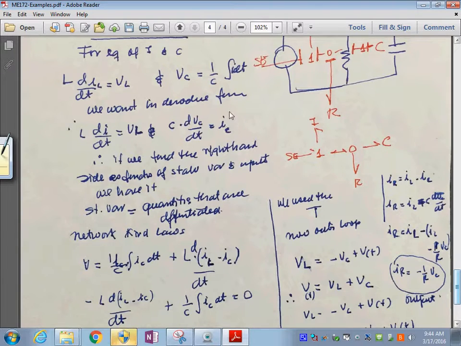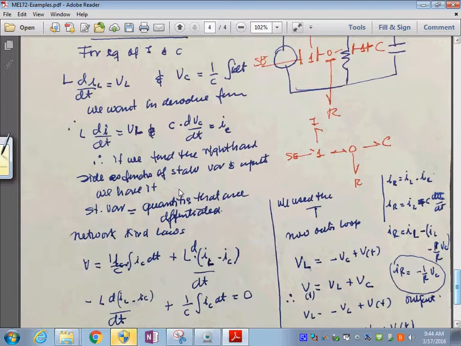here's the thing. You're used to writing the differential equations using Kirchhoff's laws, right? If you go this route, you will have to use a different substitution of variables to get it right.